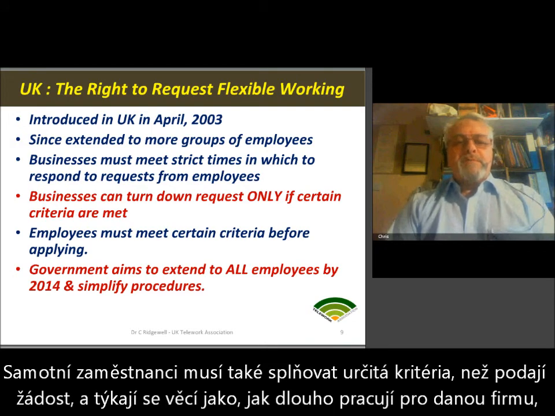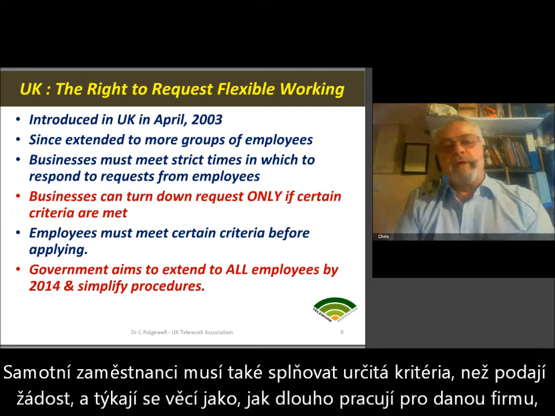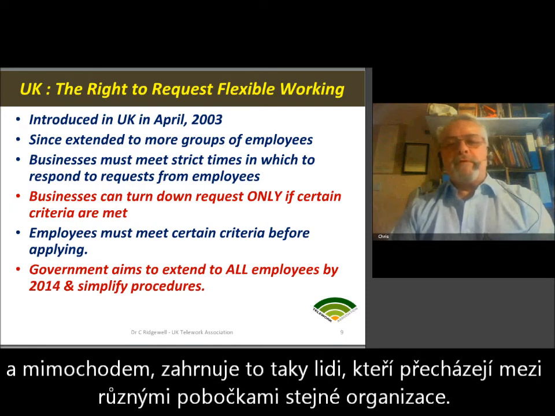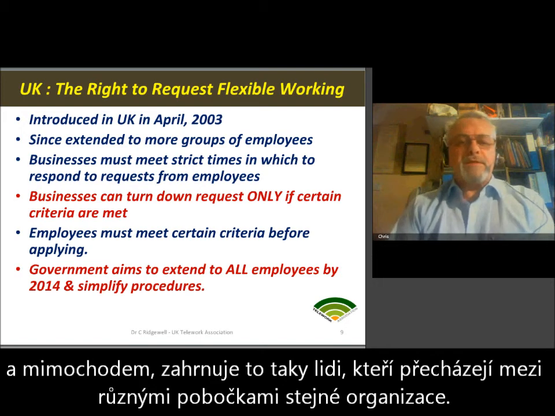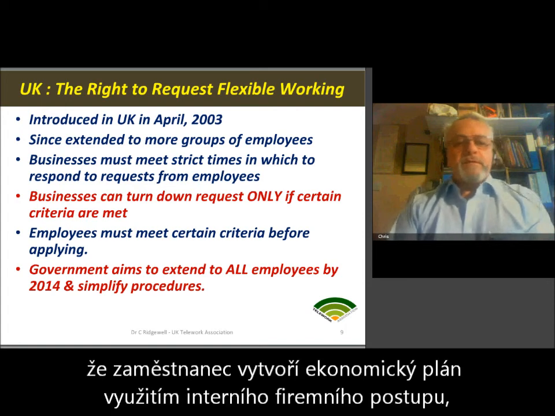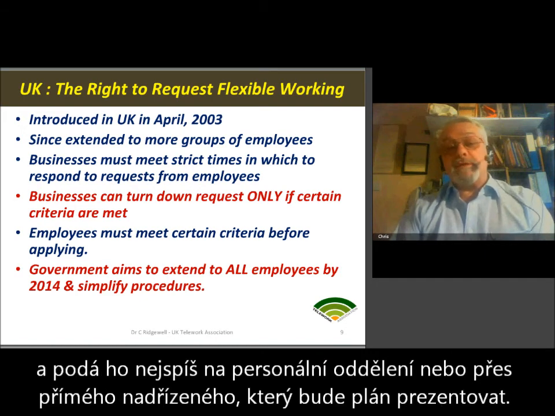The employees themselves must meet certain criteria before applying, and things like how long they've worked for the employer or the organisation. It does cover people moving around between subsidiaries of the same companies as well, by the way. If it is extended to all employees, then usually what happens is that the employee concerned makes a business case through a known internal procedure, maybe to their personnel department or through their line manager, which presents the business case.